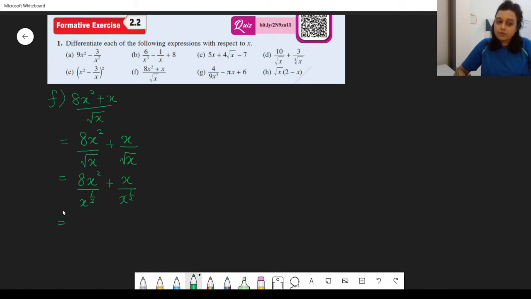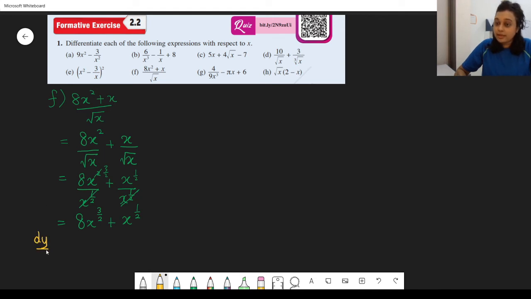So here will be 2 minus 1 over 2, so here you will get 3 over 2. It's not cut off already. So this is 8x to the 3 over 2, plus this one, when you cut here, becomes half only, so x to the half. Now you can do your working to get dy dx.